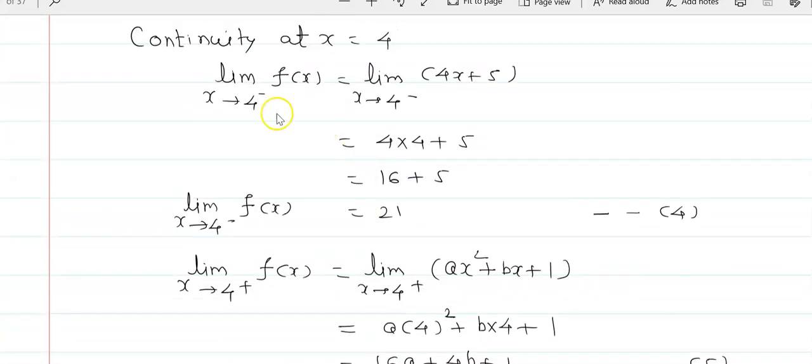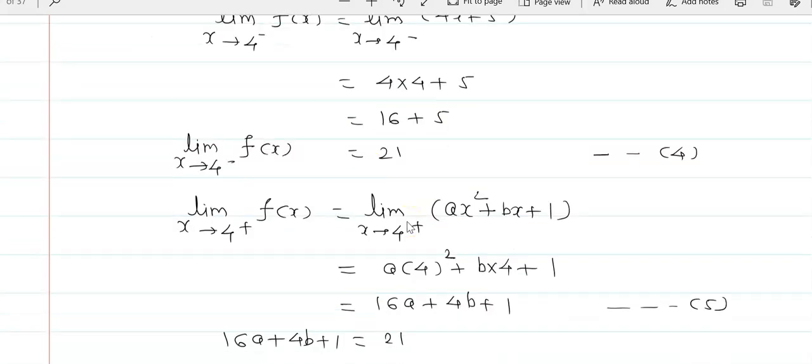Therefore, for continuity at x equals 4, the left hand side limit as x tends to 4 of 4x plus 5: you replace x by 4, 4 into 4 is 16, plus 5, which equals 21. Now the right hand side limit as x tends to 4, f of x is the limit of ax square plus bx plus 1, so a into 4 square plus b into 4 plus 1, 16a plus 4b plus 1.